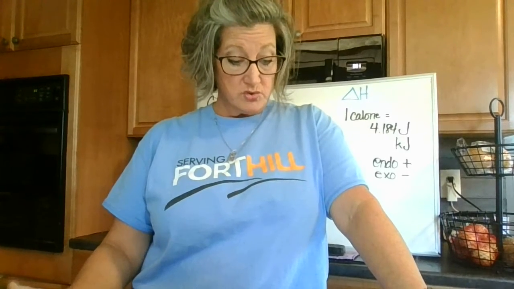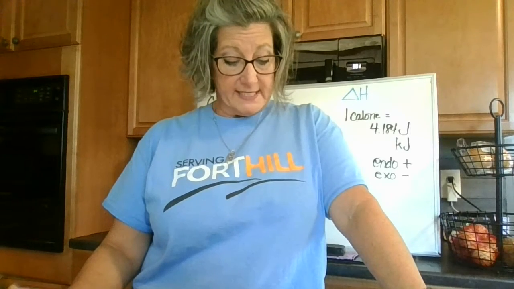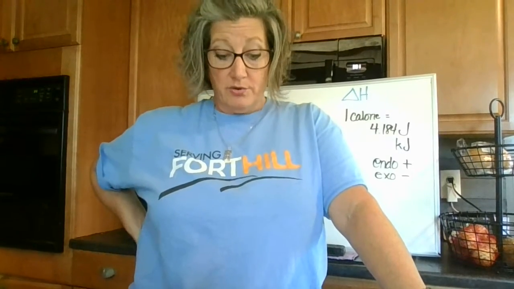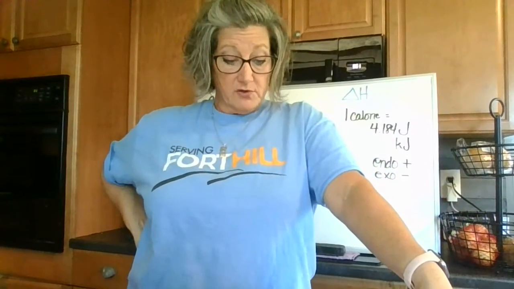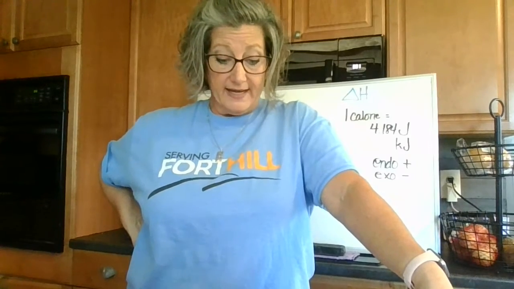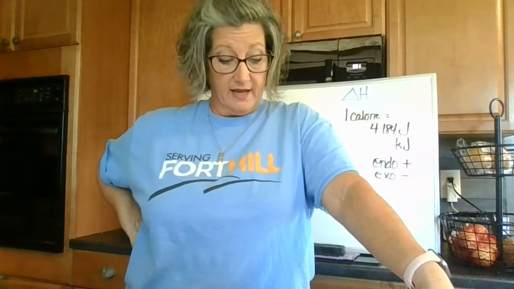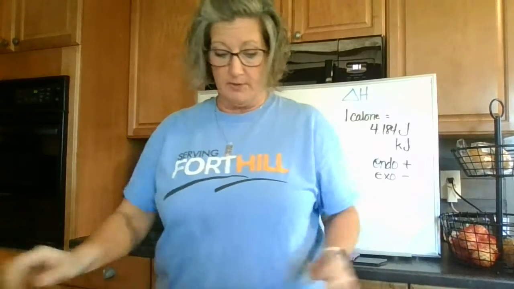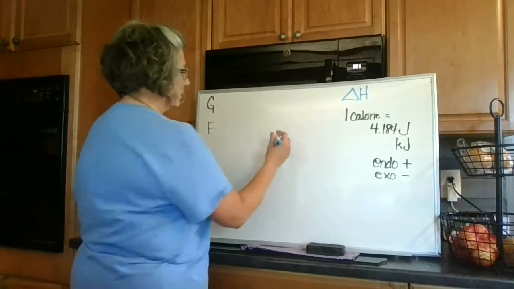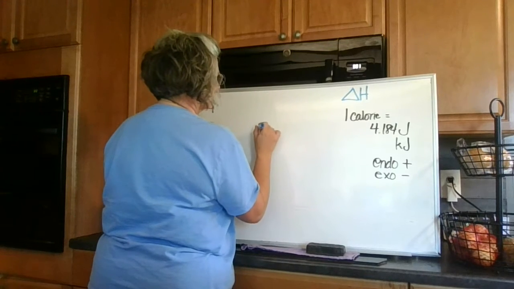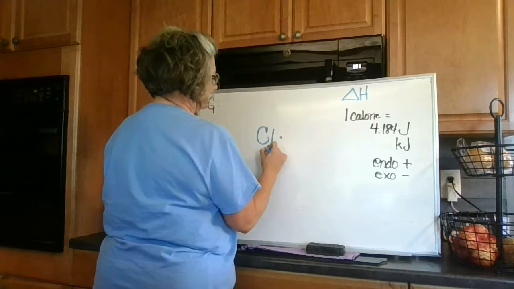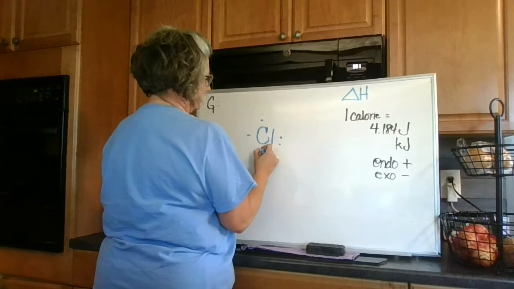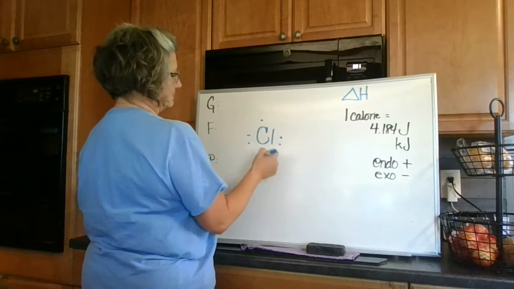Look at the bottom part of page 456. Suppose that you had 1 mole of chlorine molecules. We would write the Lewis structure of chlorine to find out that the 2 chlorine atoms that make up the molecule are held together with 1 chlorine to chlorine single bond. Now, chlorine, if I look it up on my periodic table, has 7 valence electrons. So I've got my chlorine here, and it's got 7 valence electrons: 1, 2, 3, 4, 5, 6, 7.